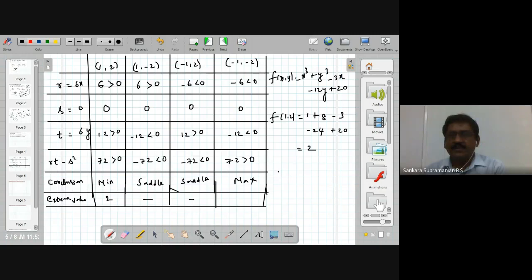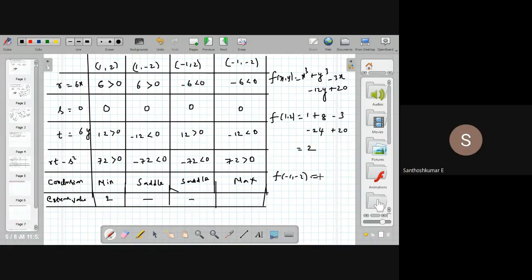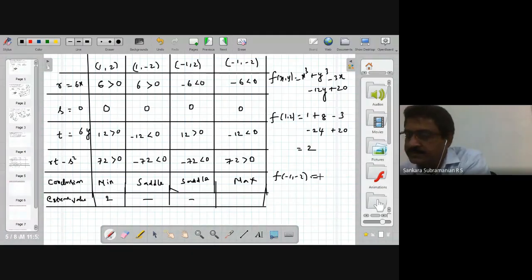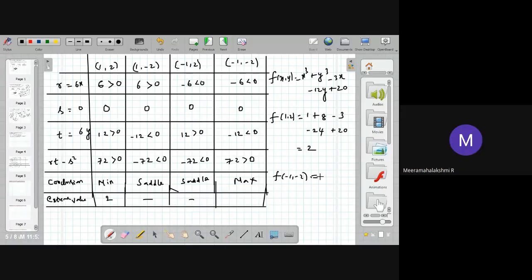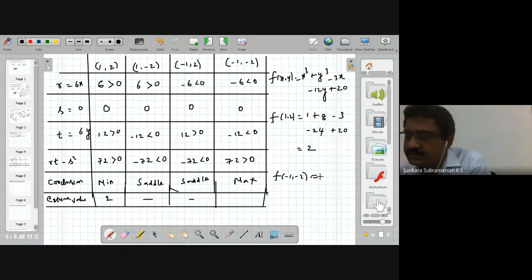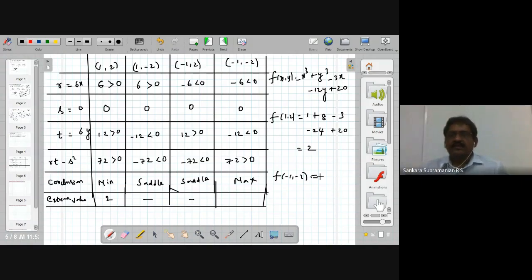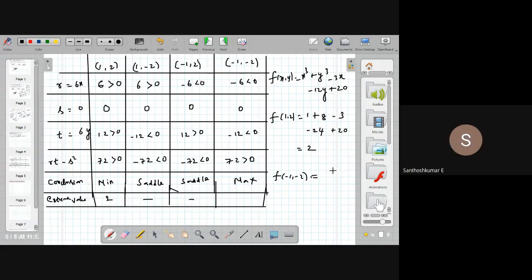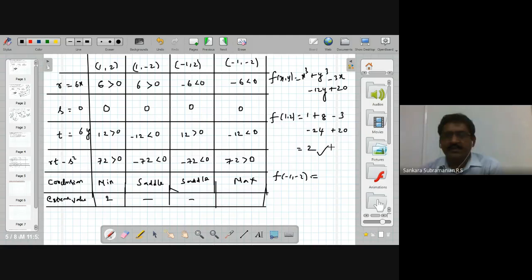The maximum value is f of minus 1 comma minus 2. What is the value you are getting? Minus 1 the whole cube, you get minus 1.